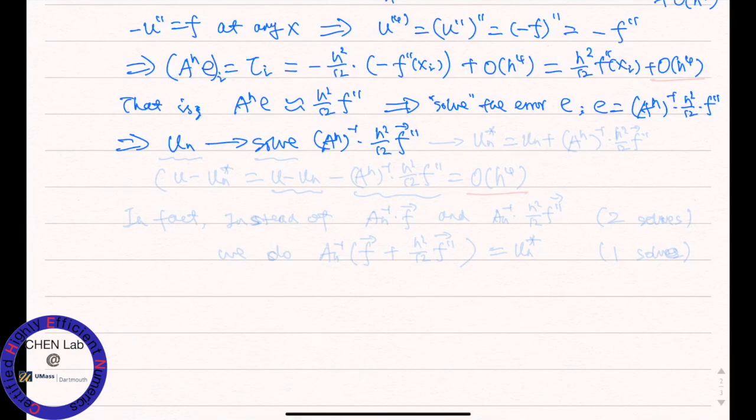And once you solve that, we can update uh: if we define uh star to be uh plus that change, Ah inverse h squared over 12 f double prime vector.